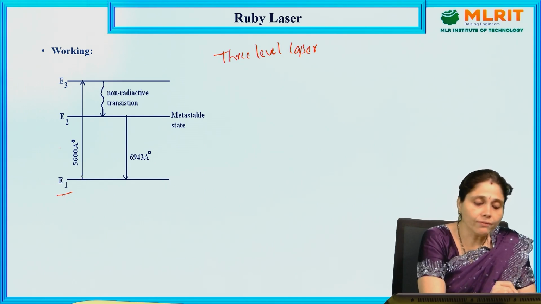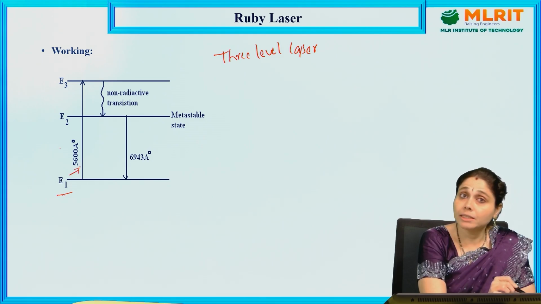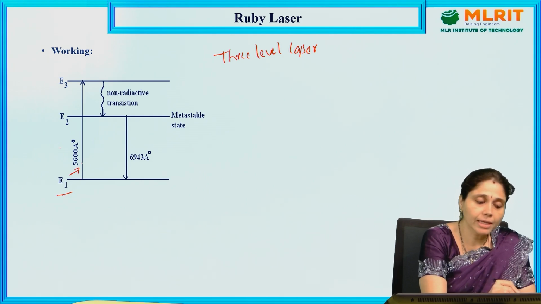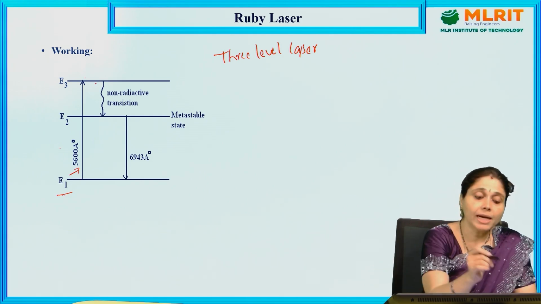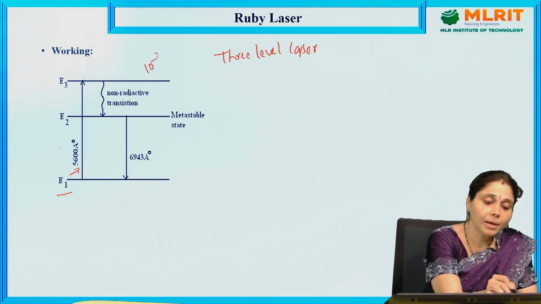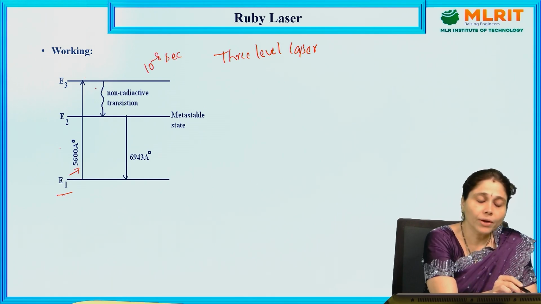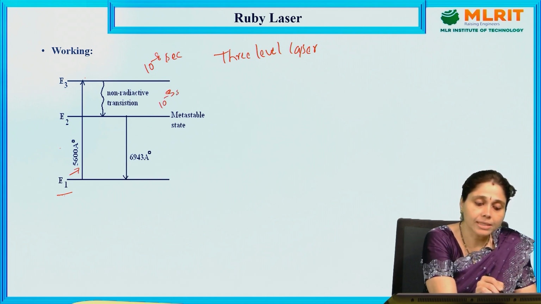So, when we provide 5600 angstroms of light energy to the atoms in the ground state, then they will be going to the excited state, and while in the excited state they will stay for 10 to the power of minus 8 seconds. Then they are going to move from the excited state to the metastable state where they will stay for 10 to the power of minus 3 seconds.